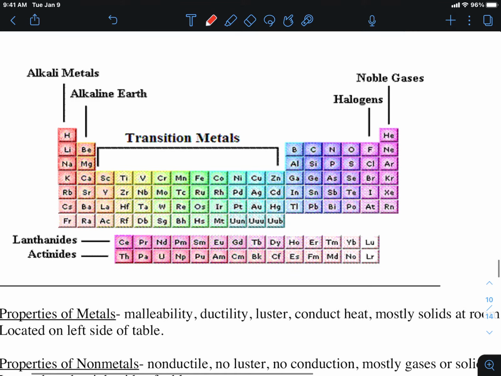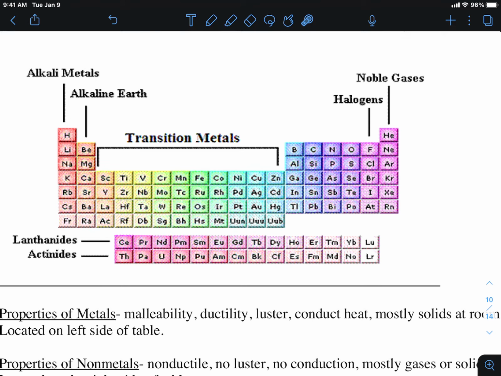When I look at the periodic table, the reason why it is built the way it is, for a couple of reasons. We've already mentioned that the atomic number goes up from left to right, and then you get to a new row, and the atomic number continues to go up. So atomic numbers 1, 2, 3, 4, 5, 6, 7, 8, 9, 10, 11, 12, and so on.